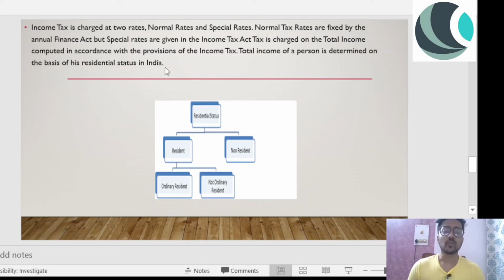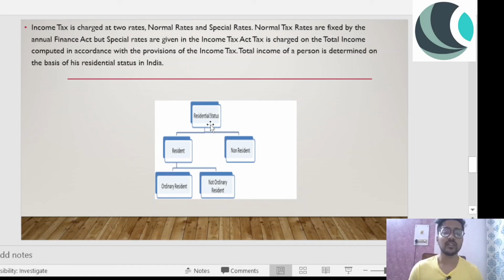Tax is charged on the total income computed in accordance with the provisions of the Income Tax Act. Total income of a person is determined on the basis of his residential status in India. So if you're talking about the total income of a person, residential status will definitely come, right?